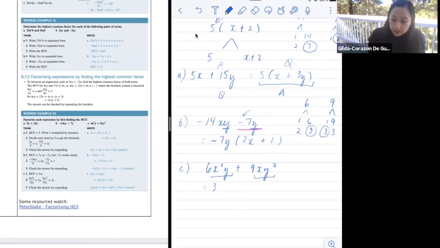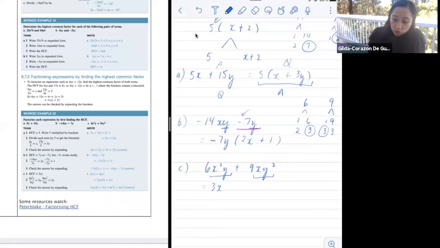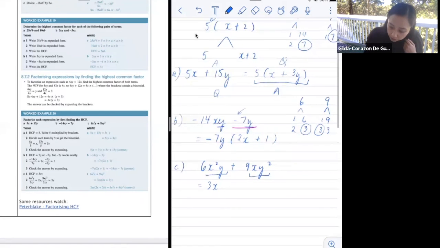The one that's squared on the first one would be x, but there's only one x here. So you only grab the one that's common. There's only one common x, and therefore you just need to grab one of them. Have a look at the y. You've got only one y here, and you've got 2 y's on the second, yeah? So the only one that's common to both would just be one y, and therefore that's your highest common factor.